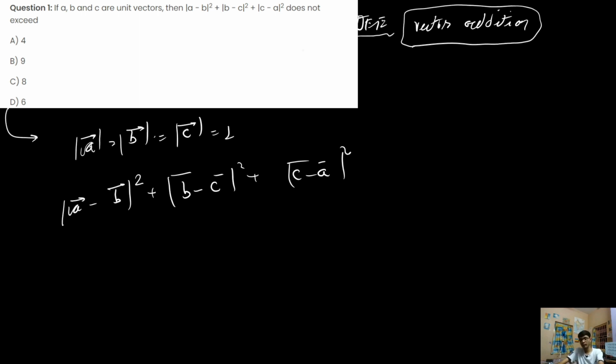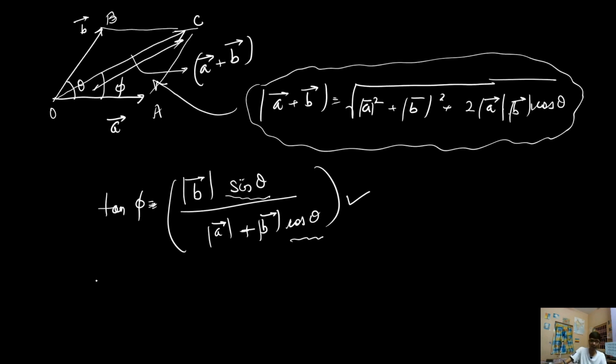Now, similar to this, let me say that subtraction of vectors is not a difficult case. Subtraction is basically adding the negative of the particular vector.